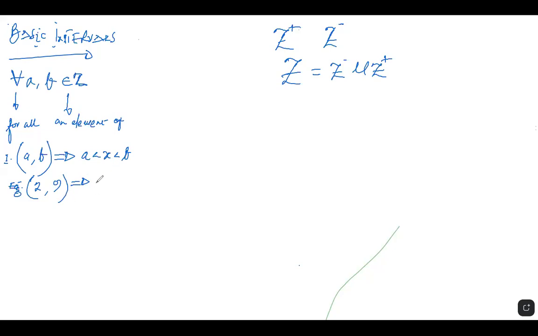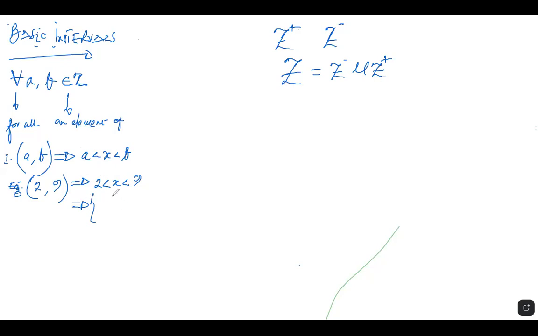So I'm interested in the range of values, let's call it X, where 2 is less than X, and X is also less than 9. This becomes the set of values. And here we're talking of integers, and integers are discrete values. They are discrete data points because they are finitely countable.